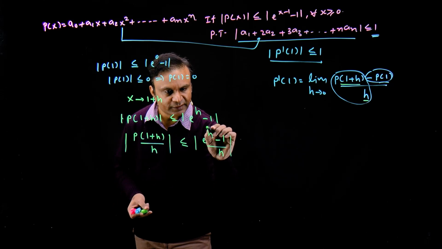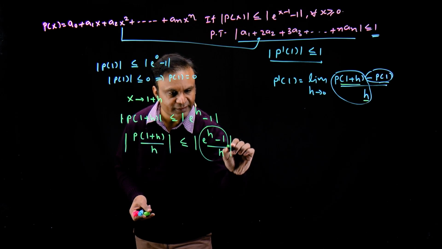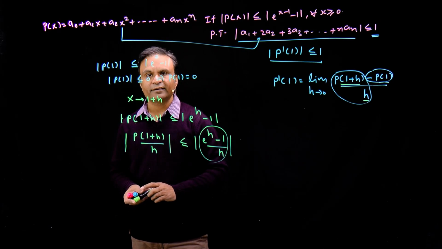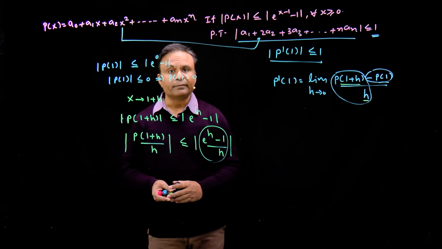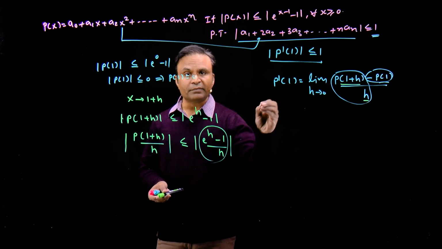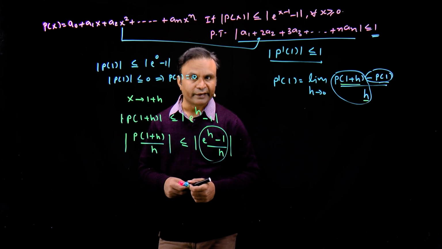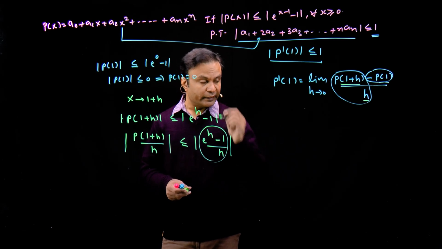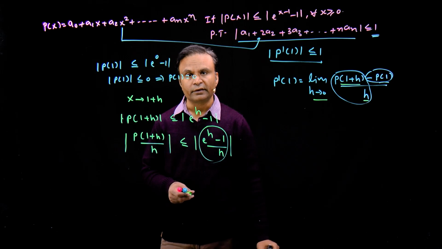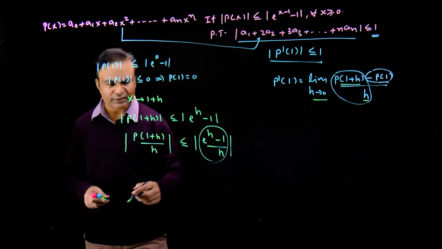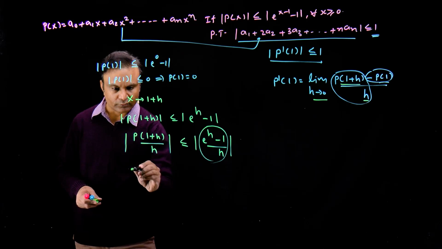Now looking at this, what strikes? The form of the limit x tends to 0 of e power x minus 1 upon x. Okay. Next is limits. Apply limit on this, and we can take limit inside modulus sign.